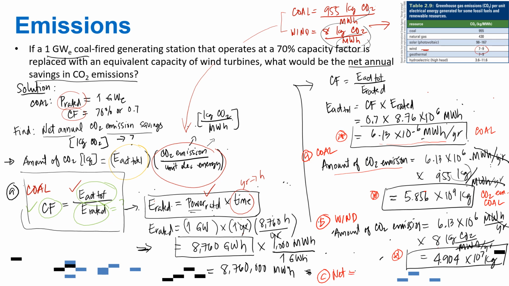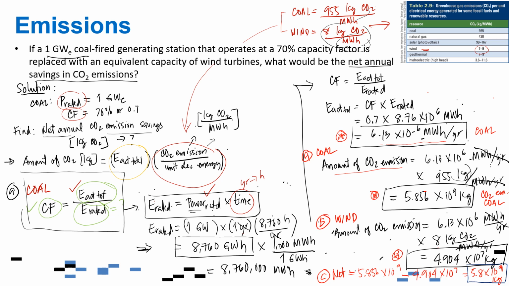So basically it's 5.856 times 10 to the 9 minus 4.904 times 10 to the 7, and the final answer should be 5.8 times 10 to the 9 kilograms. Unfortunately, we don't have the space here.